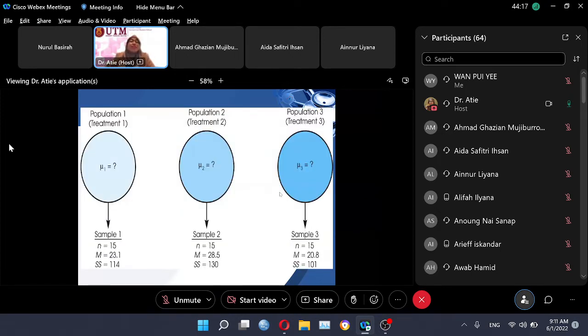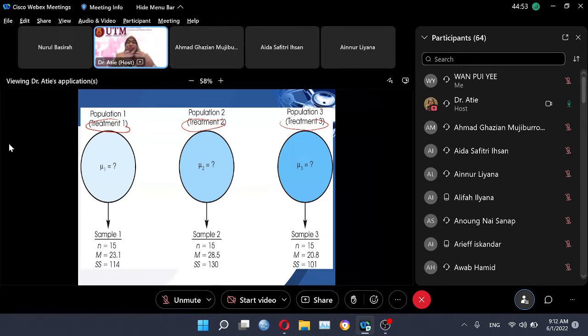So this is an example. Let's say we would like to compare three groups or three samples that we obtain from three different populations. So we have population 1, population 2, and also population 3. Remember I said sometimes we call it a treatment. So why is it treatment? ANOVA tests are very popular among medical people and also psychologists and psychiatrists.